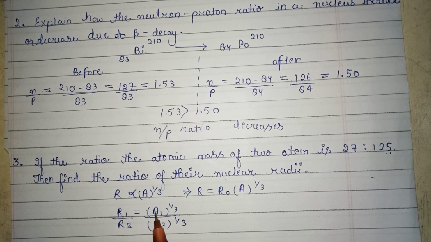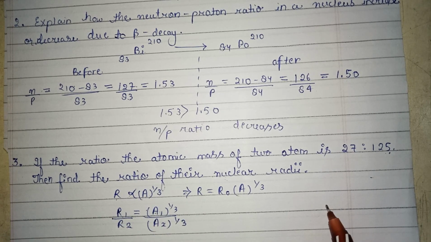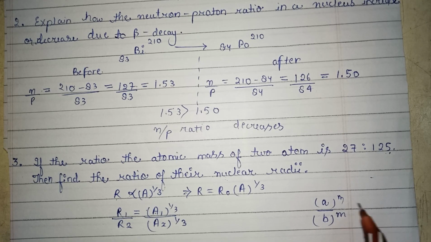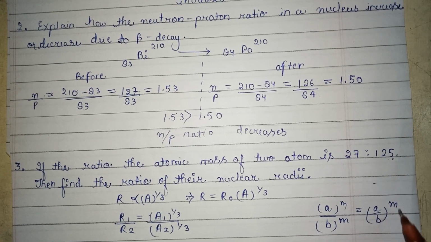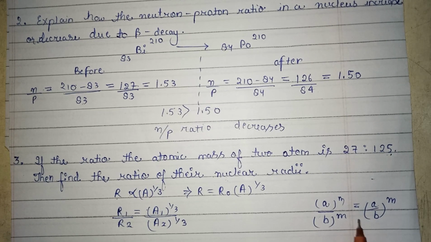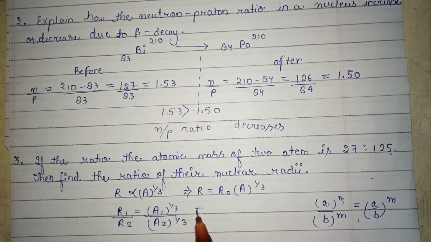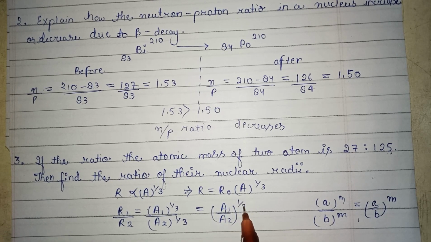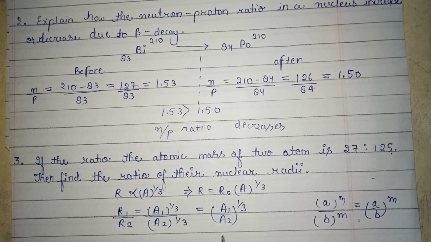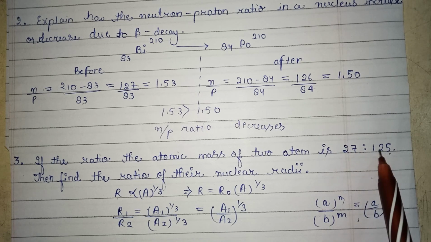Now putting the values of A1 and A2, as we know in mathematics, if we have different bases with the same power in division, we can combine them and put the power as single. Following the same rule here, we get A1 upon A2 raised to the power 1 by 3, and it is already given that A1 ratio A2 is 27 ratio 125.